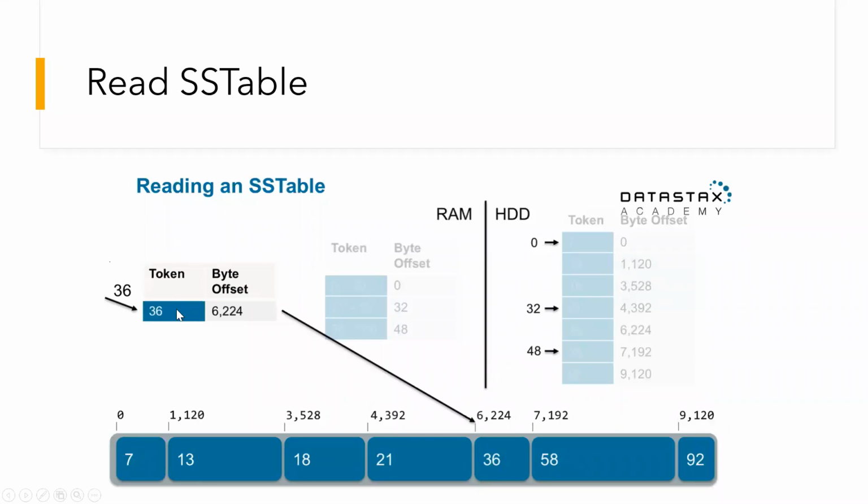If it doesn't find 36, say it gets something like 20, it goes to that particular token in the partition summary, then to the offsets defined for that index, and then to the corresponding values on the SS table. That is the second path we are talking about.